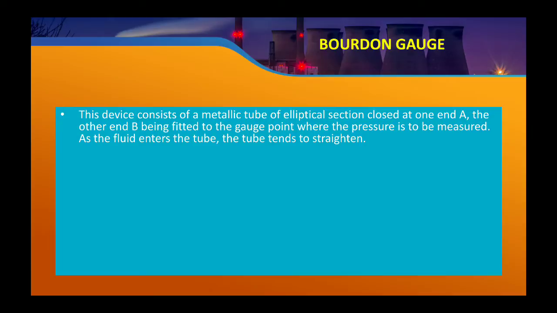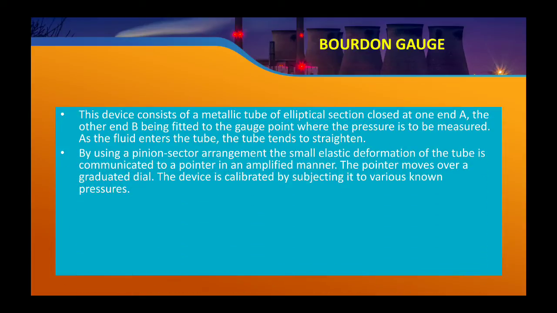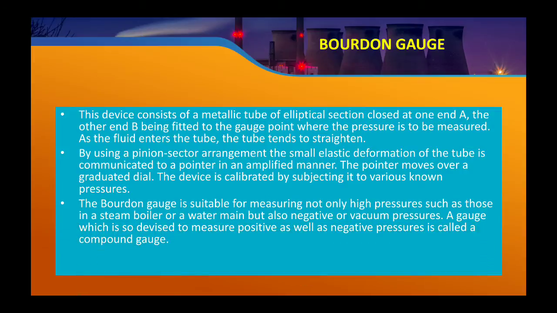As the fluid enters, the tube tends to straighten. By using a pinion sector arrangement, the small elastic deformation of the tube is communicated to a pointer in an amplified manner. The pointer moves over a graduated dial. The device is calibrated by subjecting it to various known pressures.